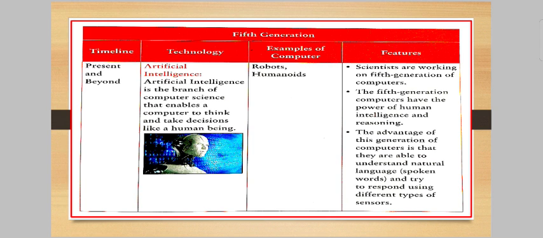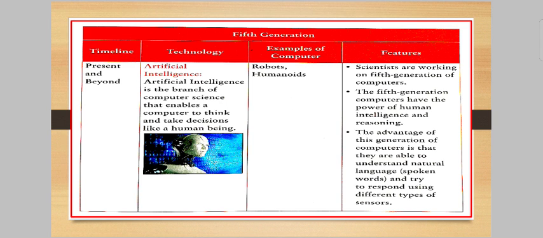We all know that computers cannot take their own decisions, but artificial intelligence technology enables a computer to think and take decisions like a human being. An example of this type of computer is mainly robotics.